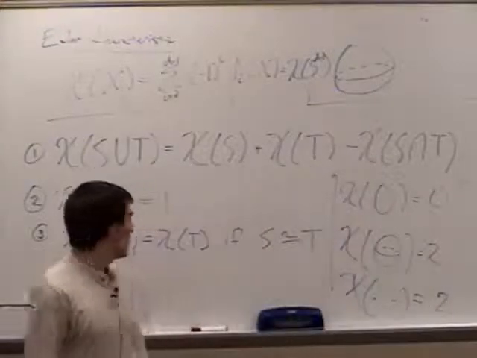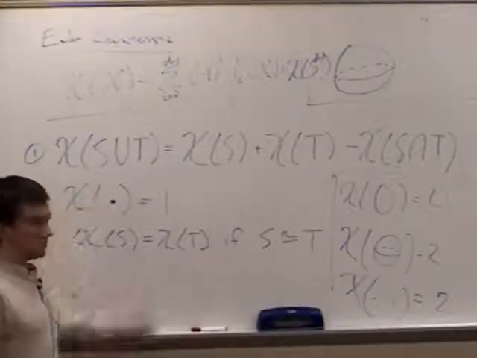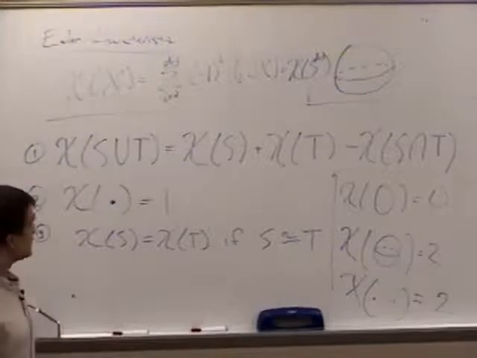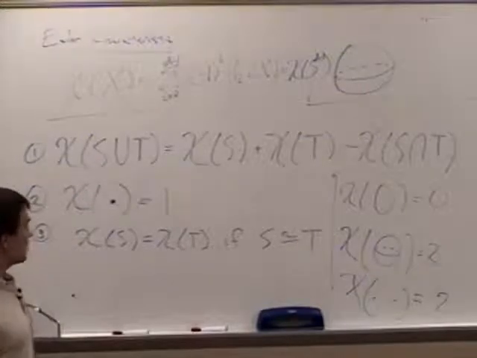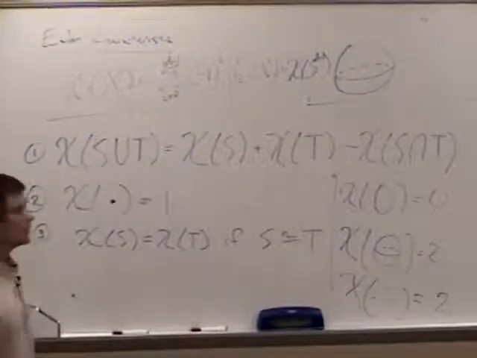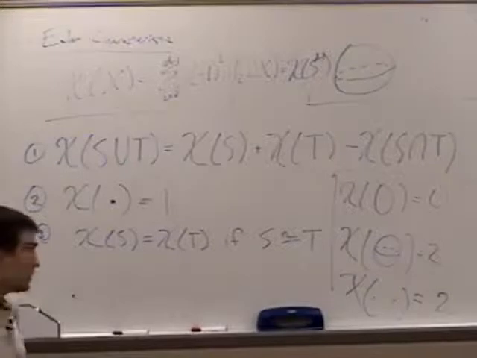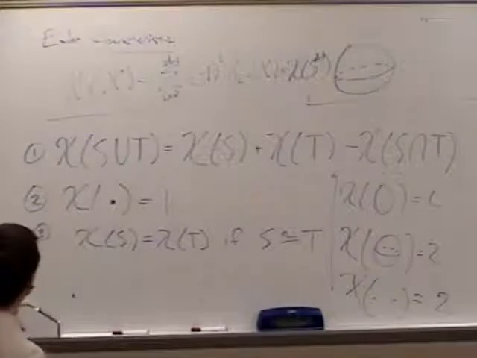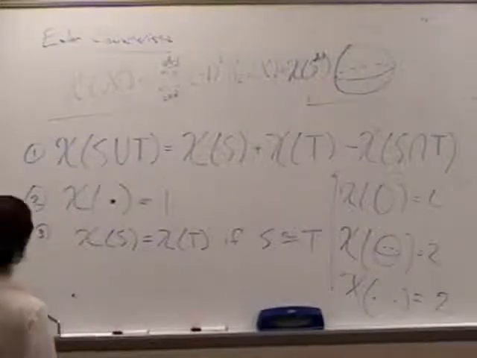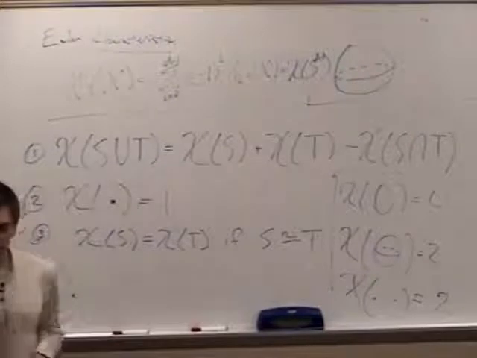So we could actually prove that using just this rule and this rule. That's easy to check. So this is the general pattern for calculating the Euler characteristic of a sphere. And that's where we get the Euler characteristic of a cell complex for a polytope. So that's Euler characteristic in a nutshell.